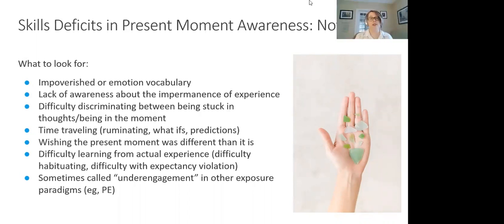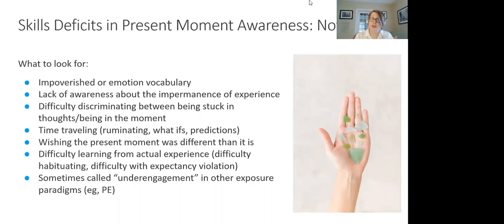Lack of acceptance. And then you might see people engaging in ERP and not really habituating, right? And remember, we're still teaching curiosity and flexible adaptive behavior, but when you're having somebody do exposure and they're really not habituating at all, I start to get really curious about what's going on. Are they covertly avoiding?